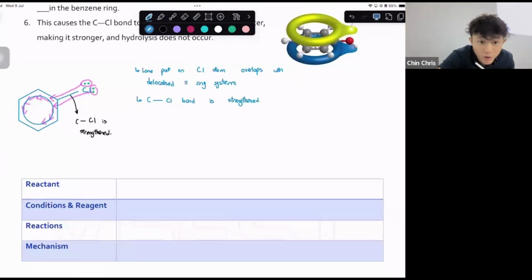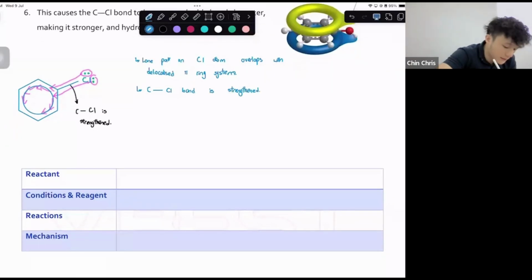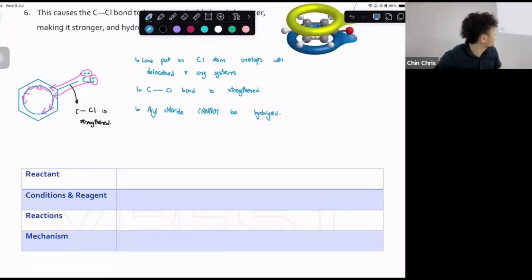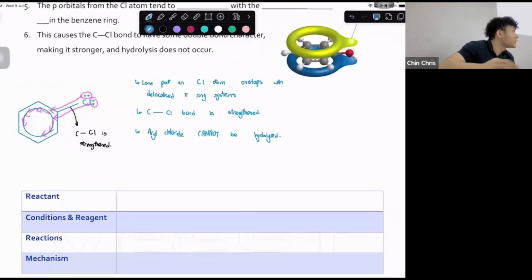So when your C-Cl bond is strengthened, can your aryl chloride be hydrolyzed? Yes or no? Remember this, aryl chloride cannot be hydrolyzed. You said yes, I was like, what? No lah. Guys, this is a very popular exam question. Super popular exam question.